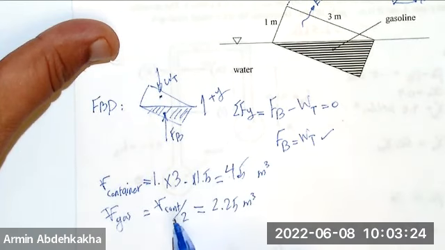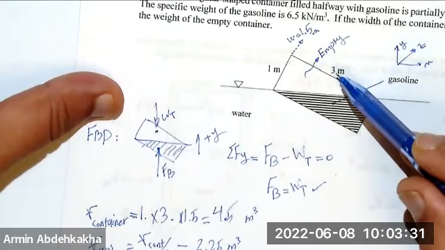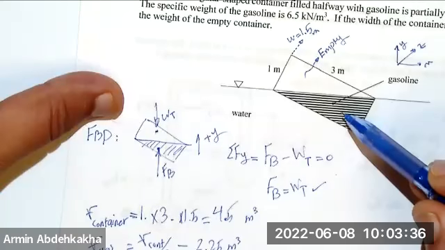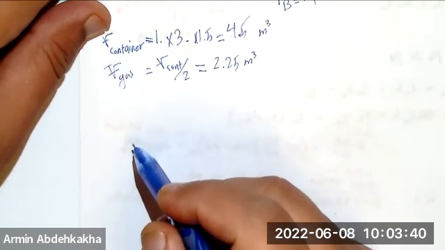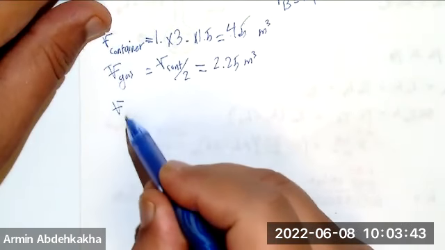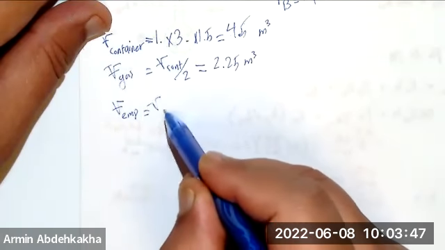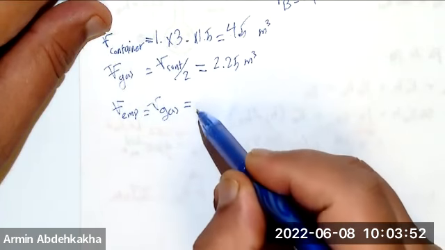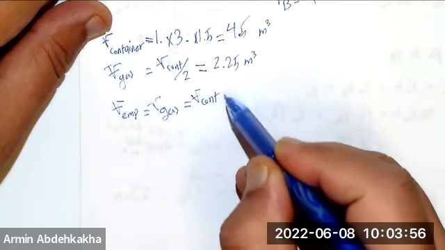And also, you know from this shape that the volume of empty space is equal to the volume of the gasoline. So here you can write that V of empty is equal to V of the gasoline, and equal to V of the container over 2.